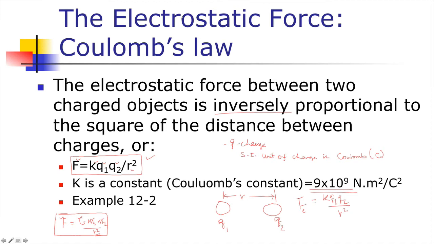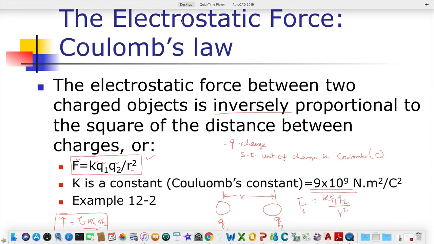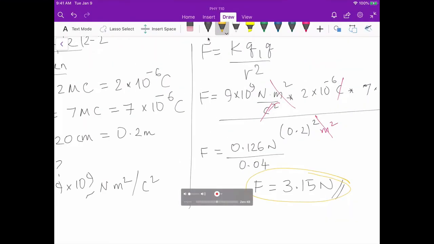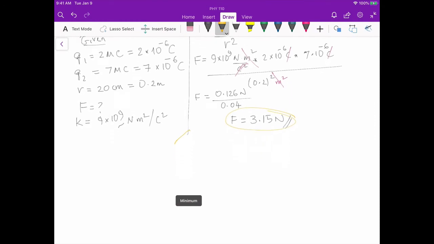E5 in your textbook states the following. 2 charged particles exert an electrostatic force of 32 Newton on each other. What will be the magnitude of the force if the distance between the 2 particles is increased to twice the original distance? So now you don't need to apply Coulomb's equation or formula directly.